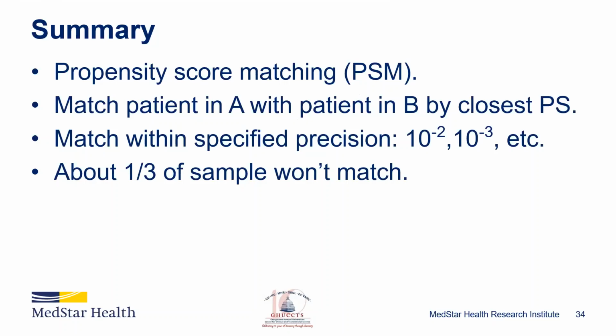However, regardless of what criteria or precision you choose here, it turns out that about a third of the sample can't be matched. And so that's one of the primary drawbacks, maybe the primary drawback, to propensity score matching: you lose quite a few of the patients or subjects in your study.